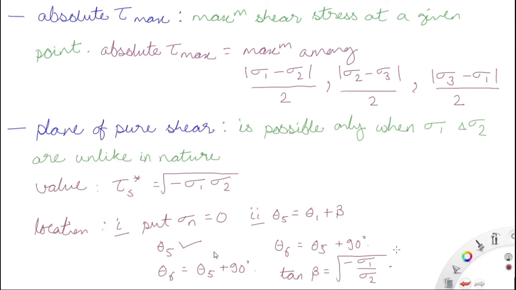You can also find theta 5 using theta 1 and beta. Tan beta is equal to the square root of minus sigma 1 by sigma 2, and tan inverse will give you beta. Add this beta value to theta 1 and you will get theta 5. So theta 5 and theta 6 will give you the location of the plane of pure shear.